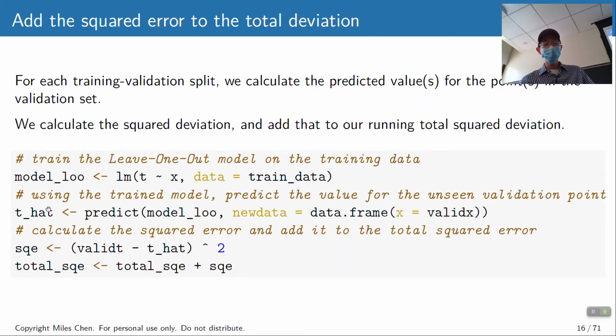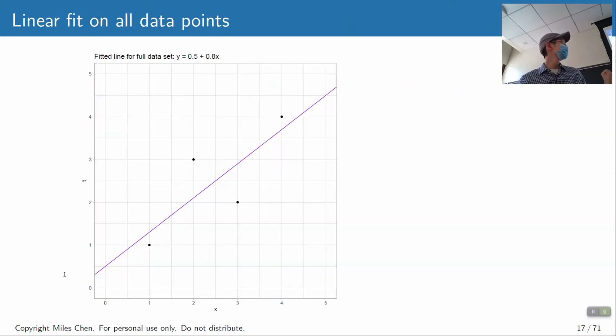And I use that to make a prediction, and then I'm going to take the difference between the validation point and the prediction and square that difference. So right now this is a 1, and I started off with the total squared error being 0, and I'm going to just add 1. And I'm going to go through and do this for all 4 data points. I'm going to just keep incrementing my total squared error. So right now my total squared error is 1, and we're going to go back.